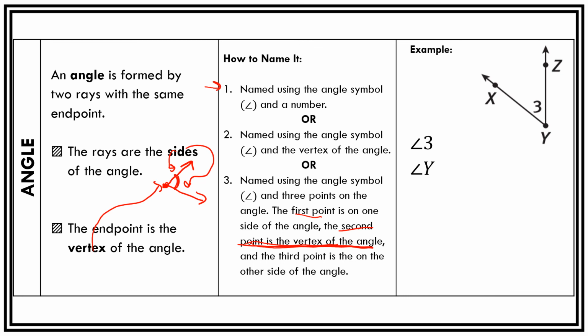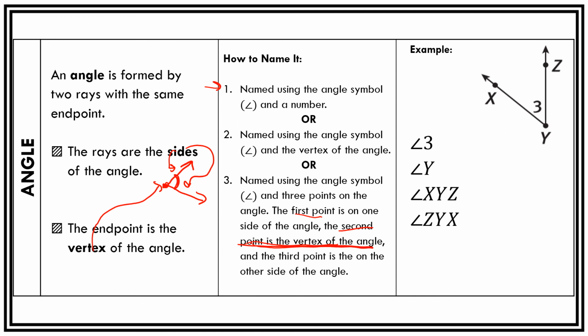So that will be in the middle of the two other letters that we're going to be naming our angle with, always, okay? So we could name this angle XYZ, or we can go the other way, ZYX. Those are the 4 names for this angle, okay? Do not try to name this XZY because Z is not the vertex of this angle. That middle letter has to be the vertex of the angle.